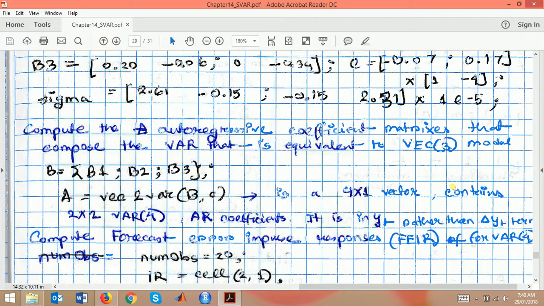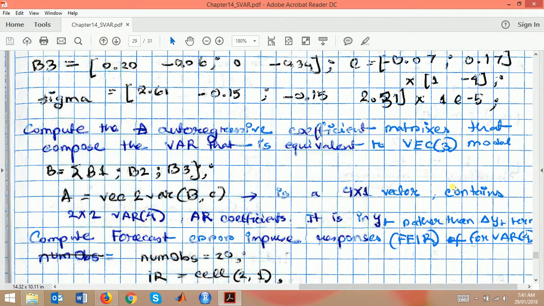If B equals beta 1, beta 2, beta 3 columns, we take it, and A equals the same. vec2var is a 4 by 1 vector that contains the 2 by 2 VAR 4 model. So the VEC model is converted to a VAR model. It's a conversion.